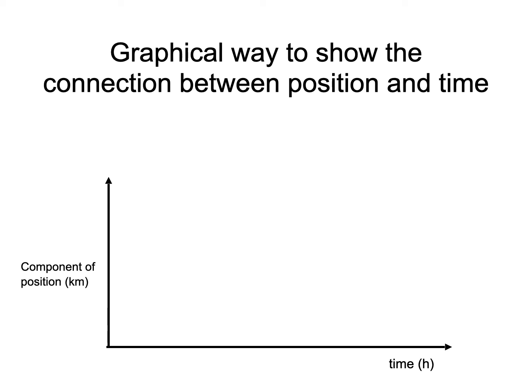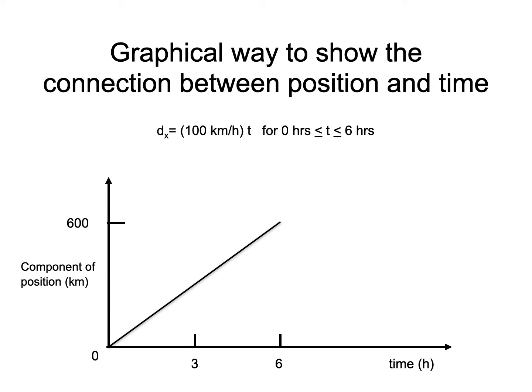The previous example of a trip between Toronto and Montreal was represented mathematically by this expression. Notice that this is the equation of a line with a y-intercept of 0 and a slope of 100 kilometers per hour. Its graph would look like this. This way of showing the relation between component of position and time is basically only useful when working with a one-dimensional case.